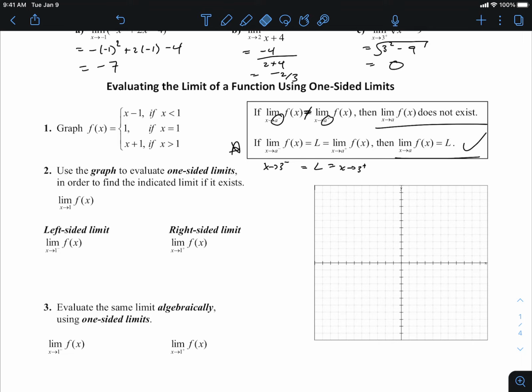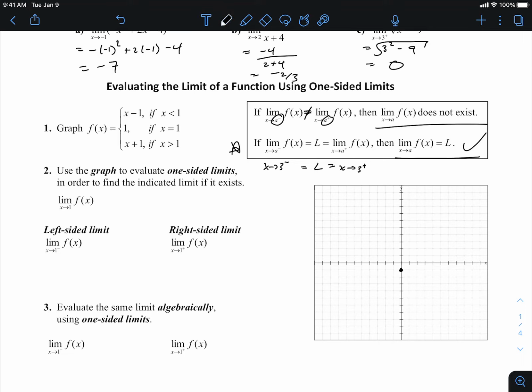We'll find negative 1, because that's its y-intercept, and its slope is positive 1. So I'm going to go up 1, right 1. But the catch is, this point doesn't actually exist because it did not say less than or equal to. It said less than. So it doesn't actually include that point.